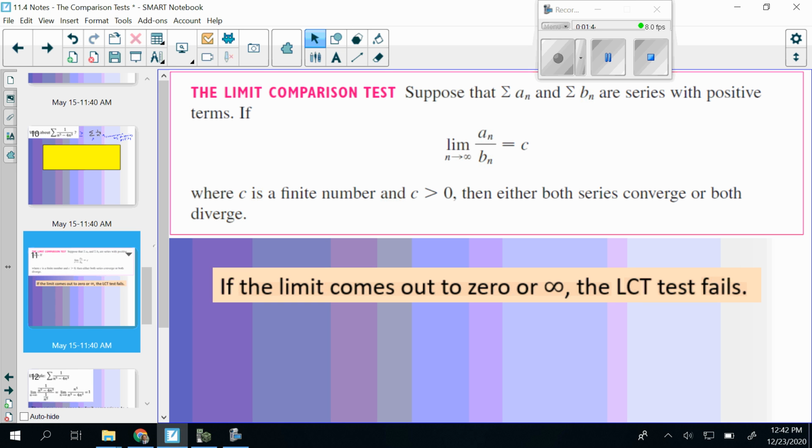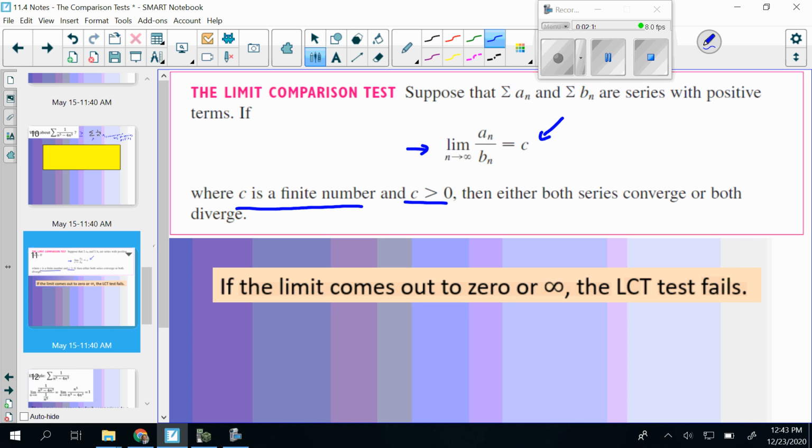So what we're going to do is take the limit as n goes to infinity of the two series a and b, and if that limit equals c, where c is a finite number that is bigger than 0, then either both series converge or both series diverge, looking at the one that we're comparing it to.